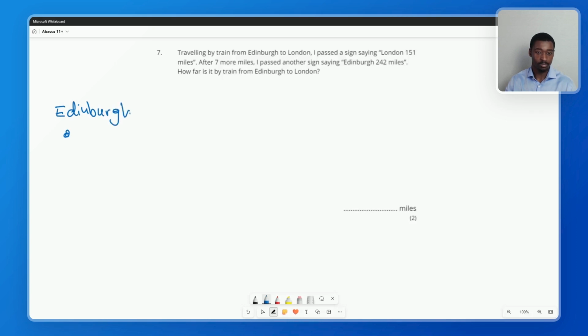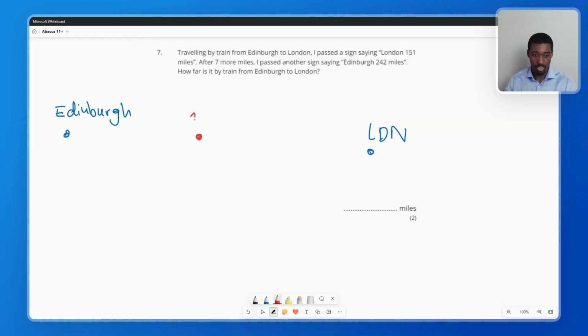We have Edinburgh and we have London, LDN. Okay, Edinburgh and London. So we start at Edinburgh. We're traveling by train, okay? And then we get to a point where it says London 151 miles away.